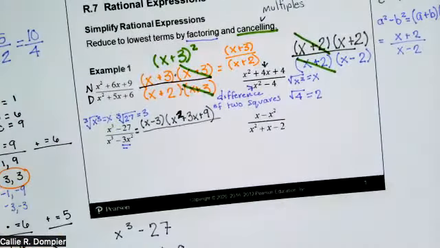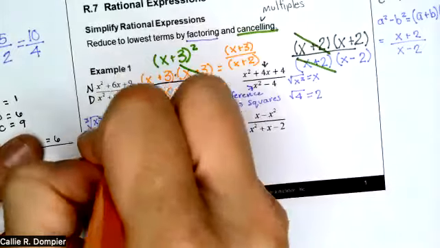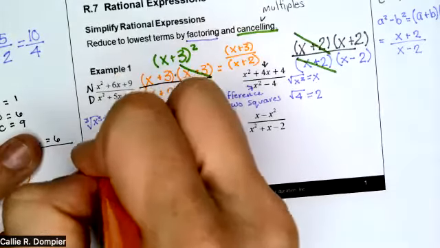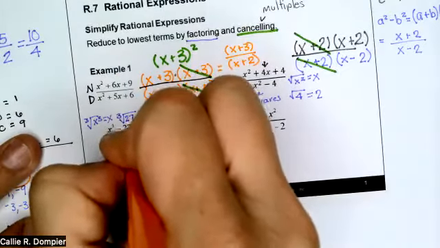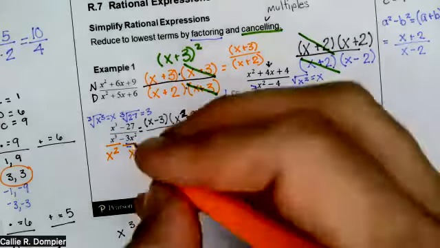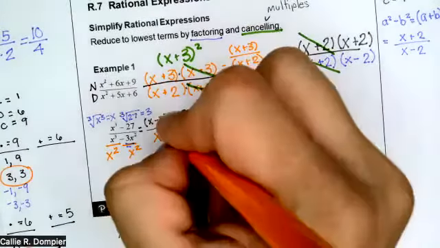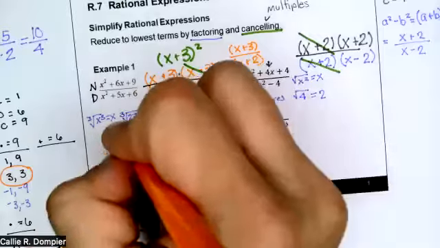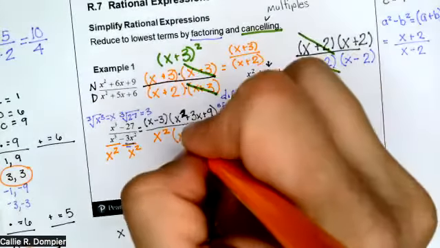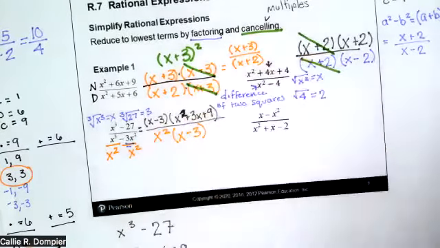So what is the only thing I can do to factor X cubed minus 3X squared? There's only one thing I can do. I can divide them both by X squared, right? That means I take out the X squared. X cubed divided by X squared is just X, -3X squared divided by X squared is just -3.